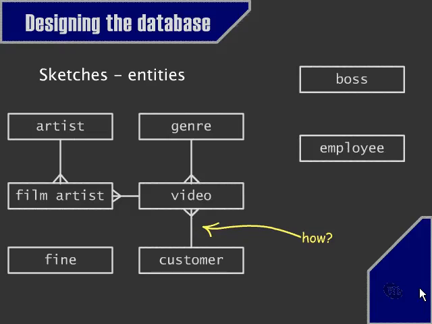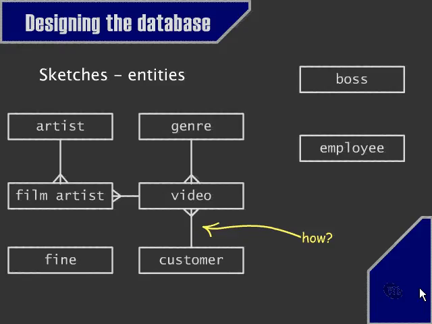Another problem arises here in that the video and customer relationship is also problematized. If we have several copies of a single video, something that is very likely to happen, given that a video shop does not necessarily want to have only one copy of any given video, especially new releases.